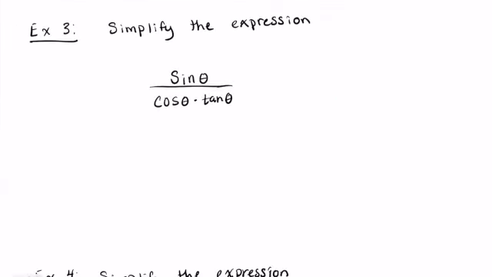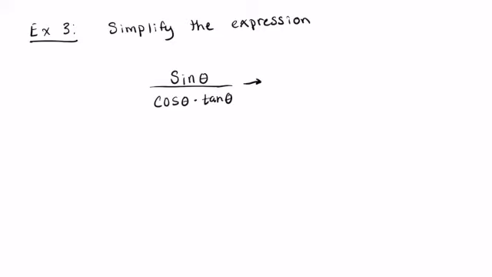So here, I'll give us a little bit more room. Here, I want to simplify this expression. So now, because I have things that are multiplying and not adding, I'm going to try to get everything in terms of sine and cosine.